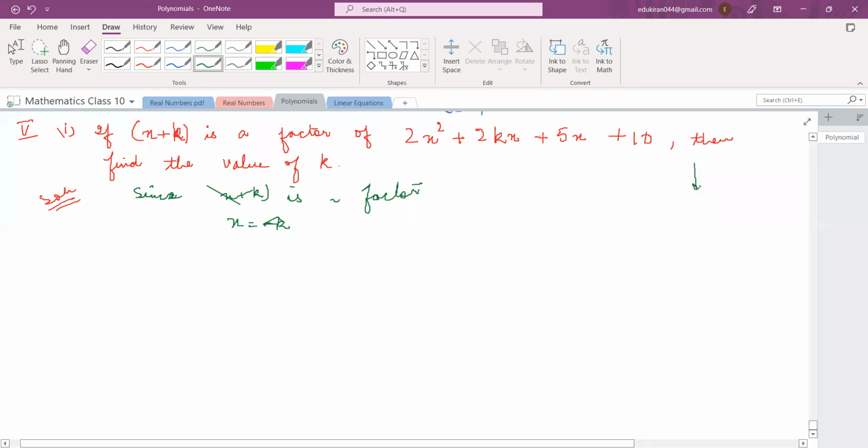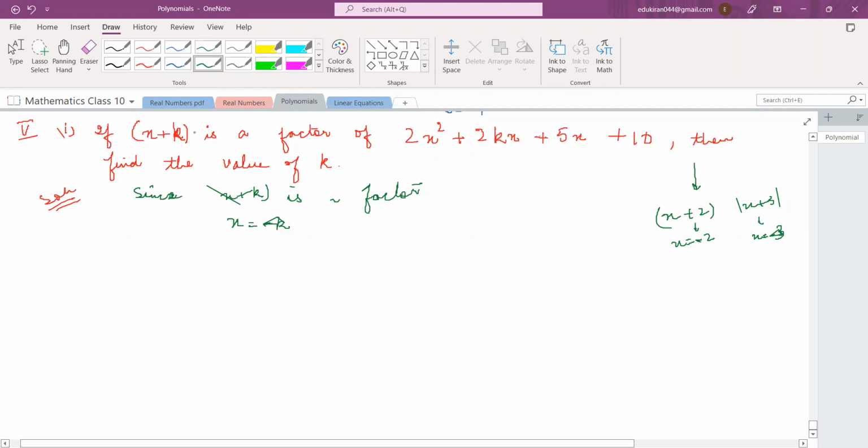See, if I reduce a polynomial like this, x plus 2 into x plus 3, from here I get the value x is equal to minus 2, and from here I get x is equal to minus 3, right? So x is equal to minus 3 will satisfy the polynomial.